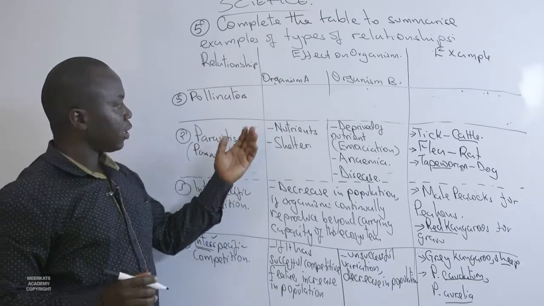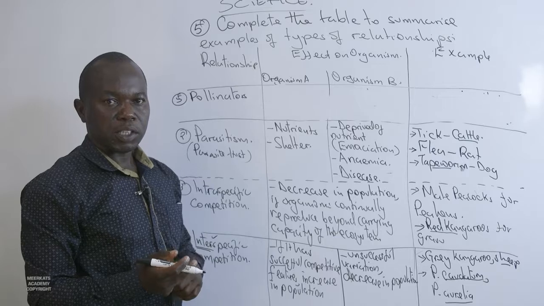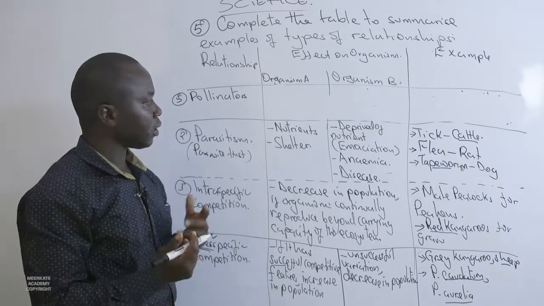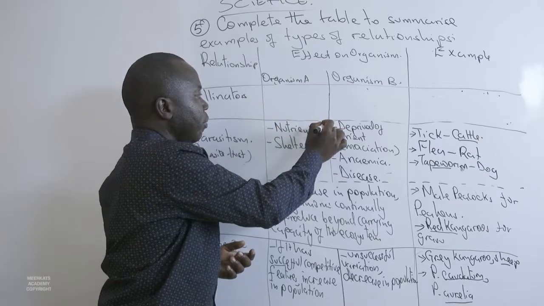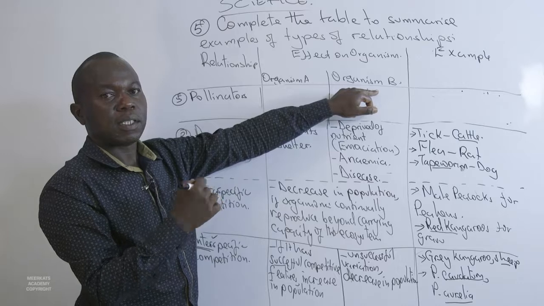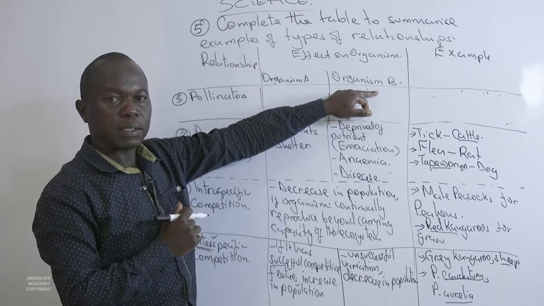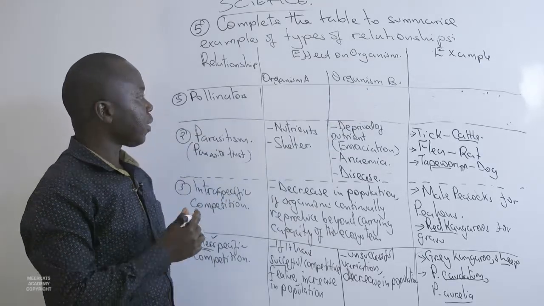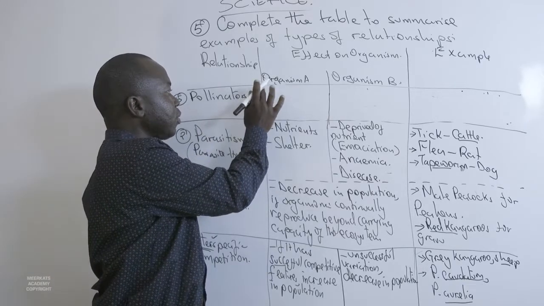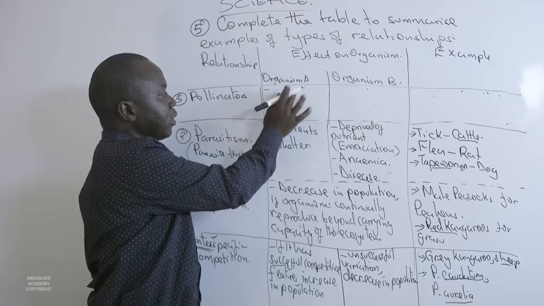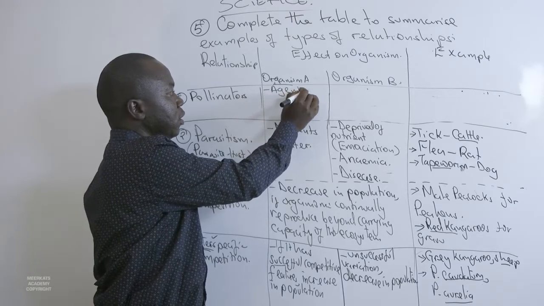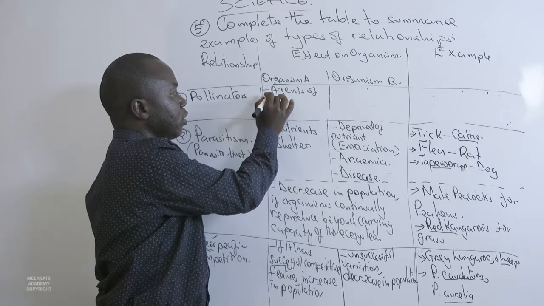In this kind of relationship, we must have the agents for pollination, which are animals. They could be insects and mammals. And then we have the other organism B, which are the plants that release the pollen grains and also receive the pollen grains. So in this case, organism A for pollinators will be animals that are agents of pollination.